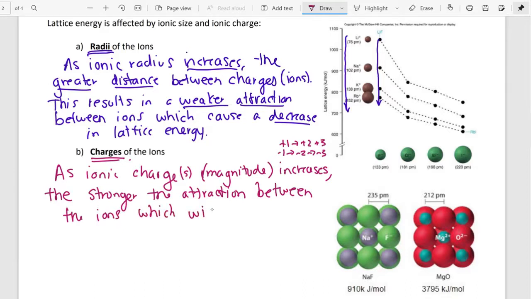This will cause a greater attraction when those ions come together, which will increase the lattice energy.